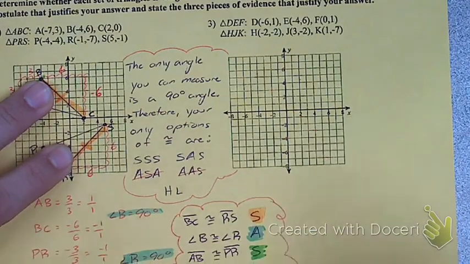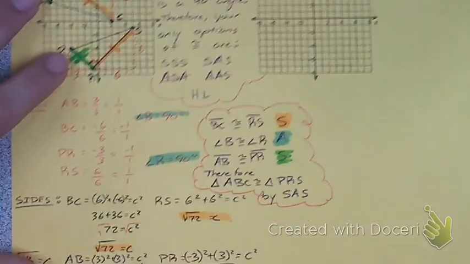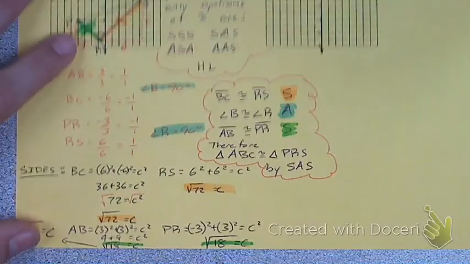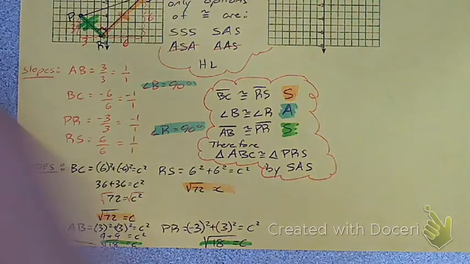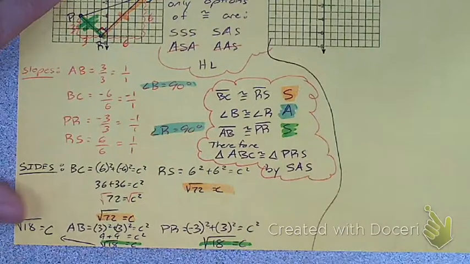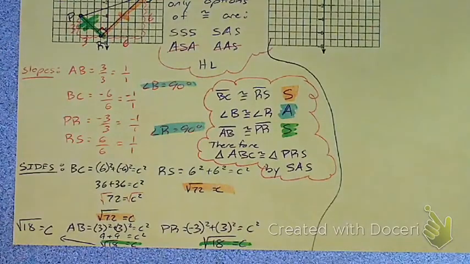This is your answer. Everything I just circled is your answer. Everything else is the work to prove it. So you can see why I say the work is important if you expect to get credit on this. If you don't have the work, you just guess, I can't give you any points for it.